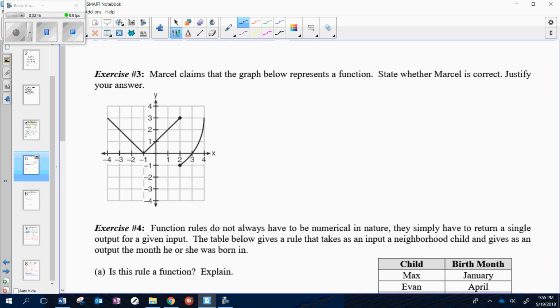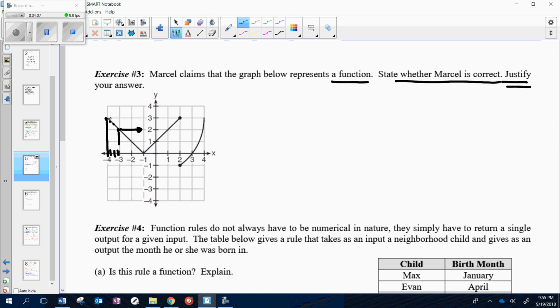Turn the page, and these are some questions that are not answered yet. So exercise 3. Marcel claims that the graph below represents a function. State whether he is correct and justify your answer. Well, I'm moving along at each of these points, even the ones in between, and I'm seeing that each x value only has one y value.